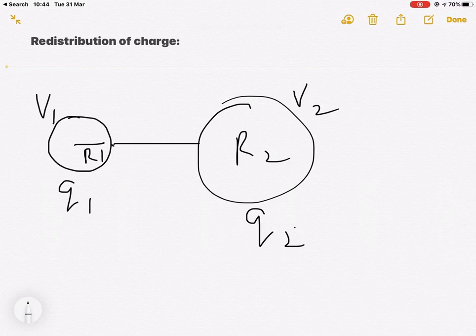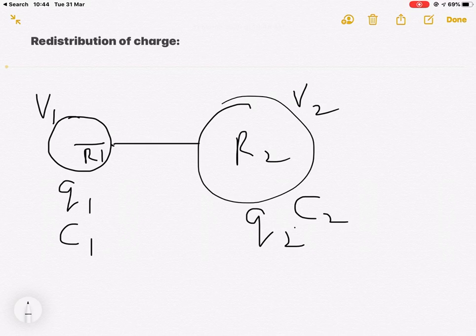Now let us suppose these two conductors have different capacities C1 and C2, and they are already carrying charges Q1 and Q2 respectively. Now the charge distributes in these two conductors in the ratio of their capacities. Which one will carry greater amount of charge will depend upon their capacities. Higher the capacity, higher charge it will be storing.